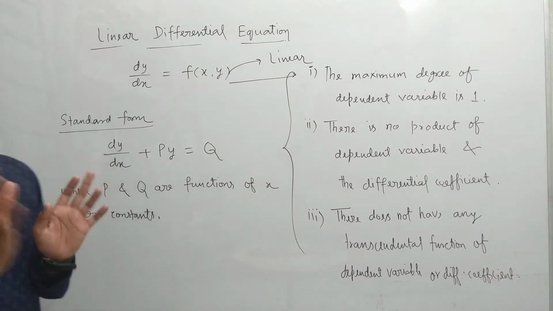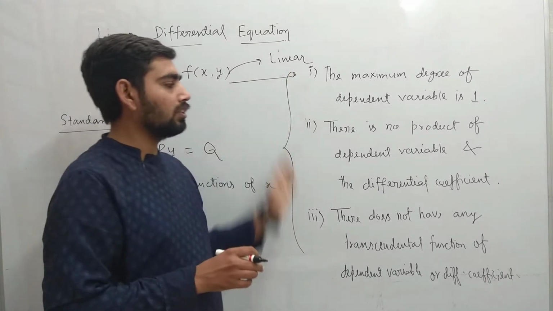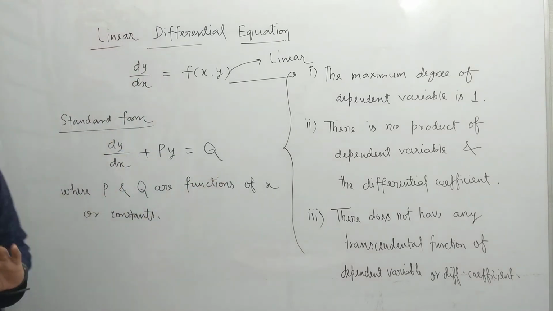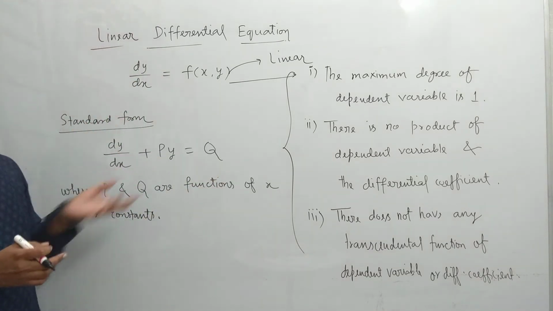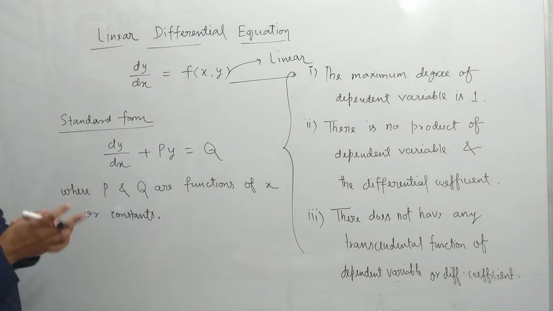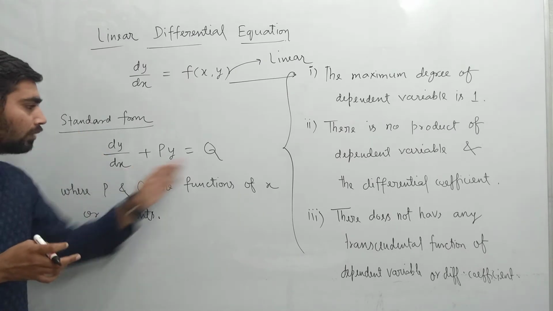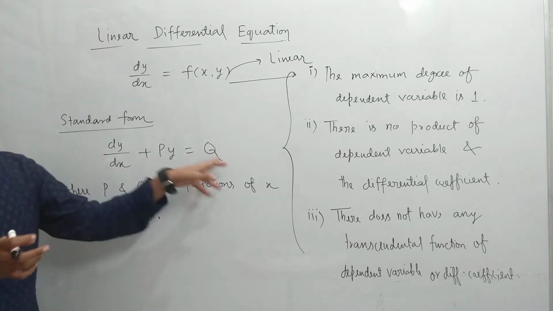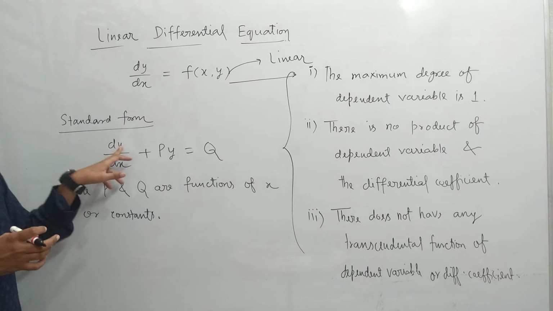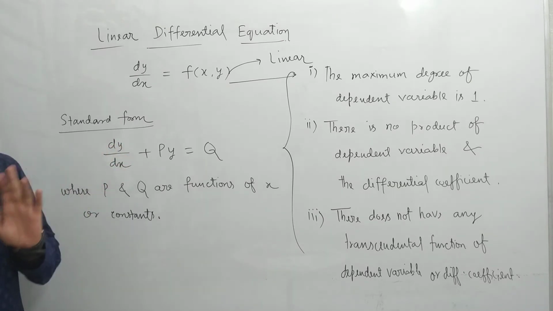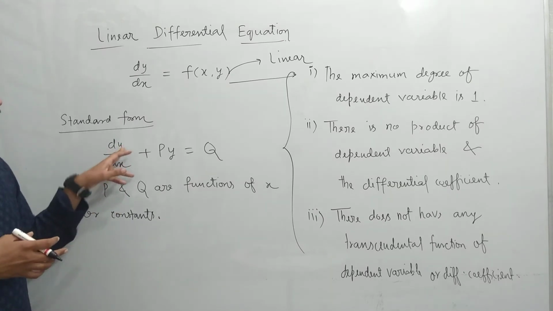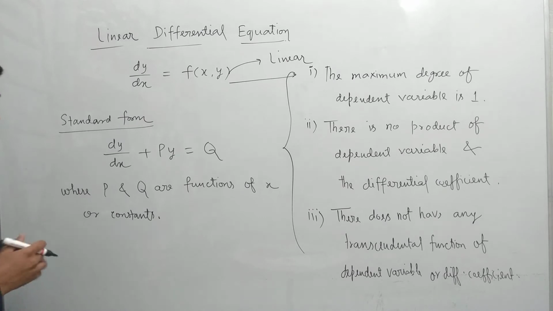If any first order and first degree differential equation satisfies these three properties, then it can be put into the standard form of linear differential equation: dy by dx plus py equals q. If the dependent variable is x instead of y, then the roles of y and x interchange.